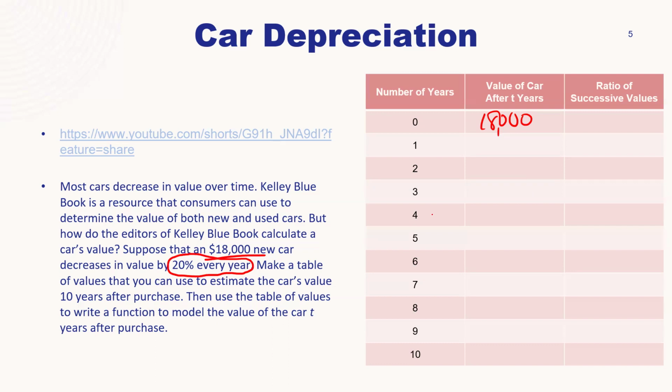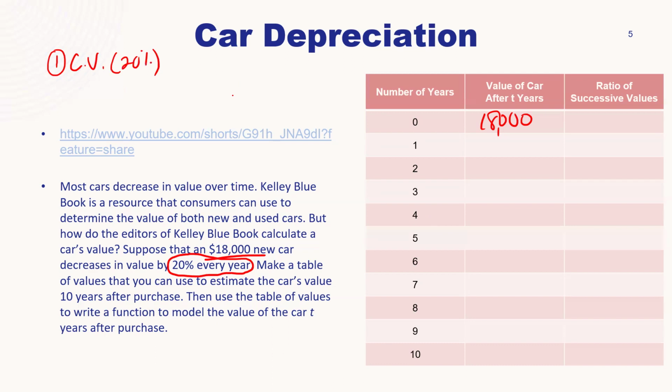So I would multiply it by 20%. The first thing we're doing is multiplying whatever the current value is times 20%. So I'm going to write CV for current value times 20%, right? Once I find that, that's my value of depreciation.